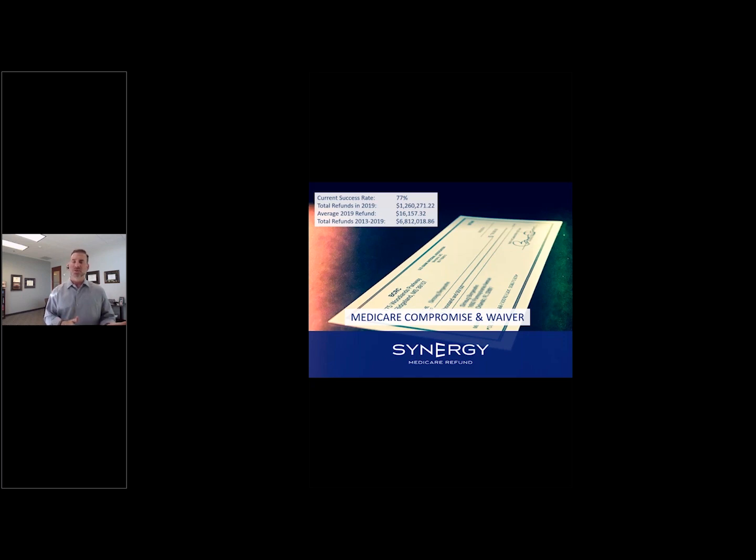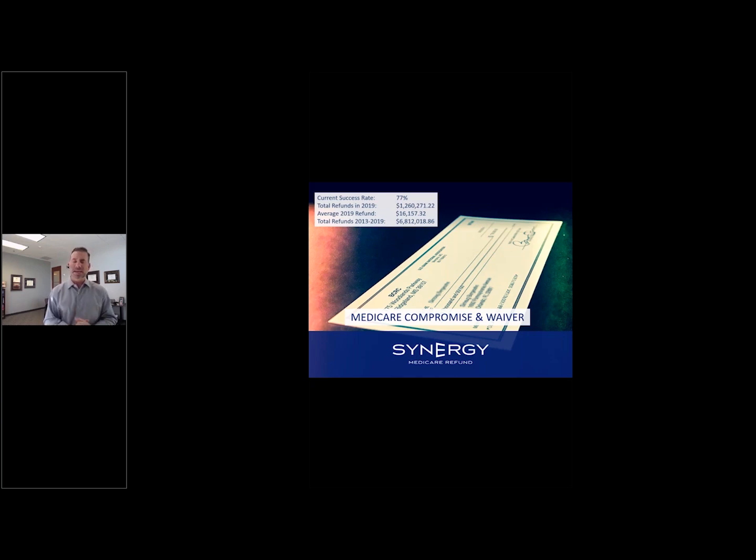Our lien resolution group currently has a success rate of 77% when we request a compromise or waiver. And in 2019, we've recovered in excess of $1.2 million on behalf of Medicare beneficiaries. The average refund is in excess of $16,000.